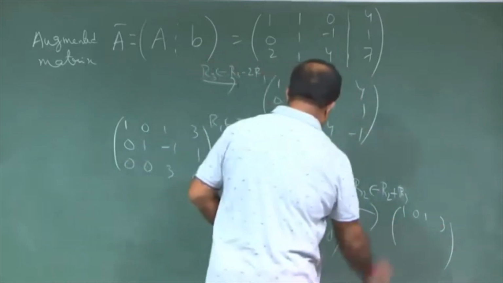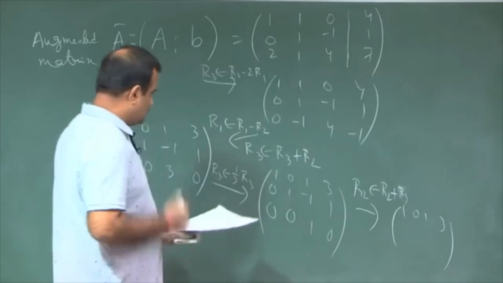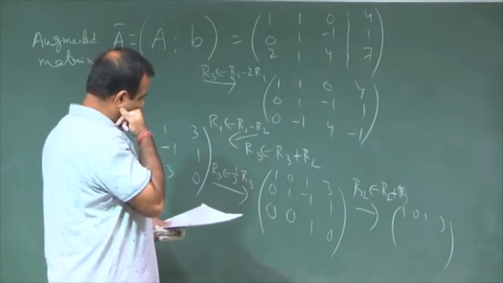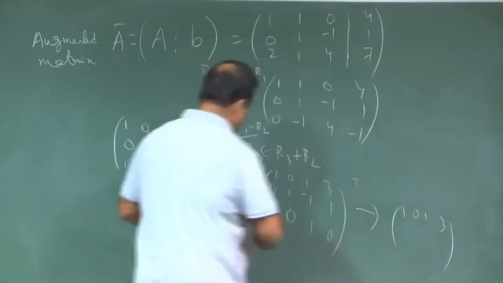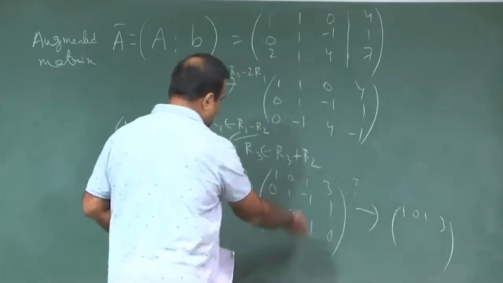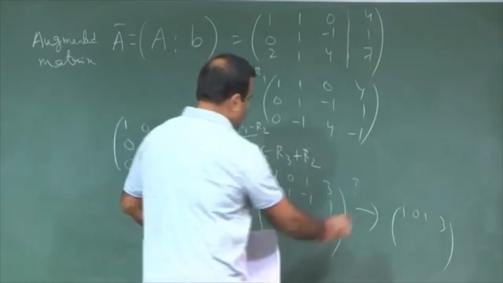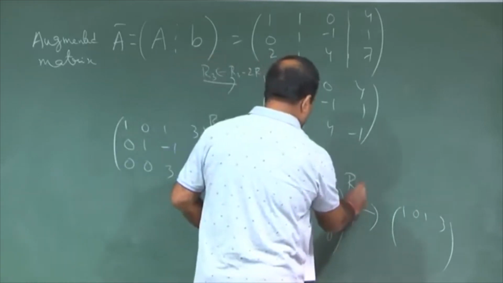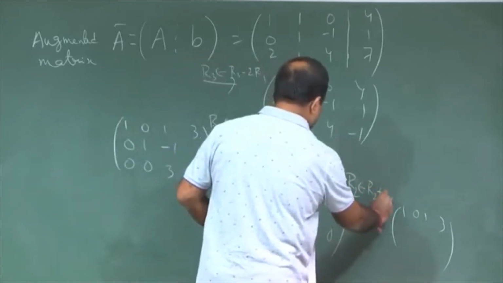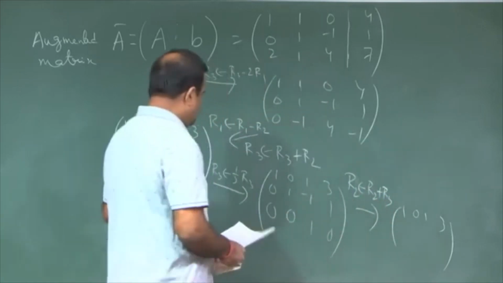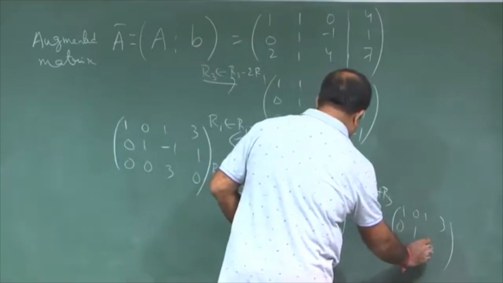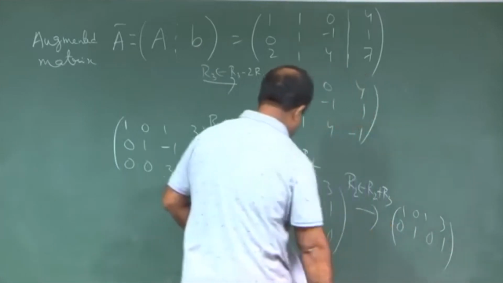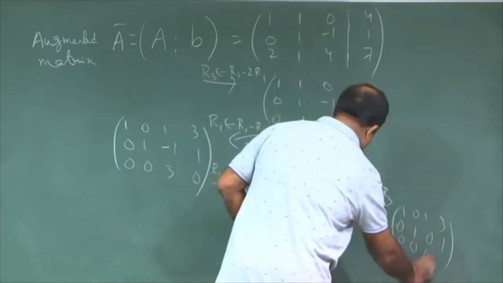R2 plus R3 is not a good idea, because we want to make this 0. So we can add this. So R2 goes to R2 plus R3. Yeah, so now this will be 0 1 0 1 0 0 0 0.